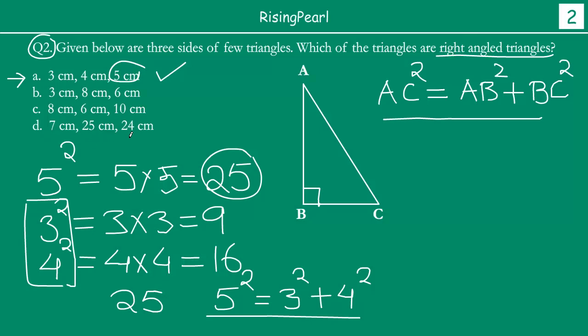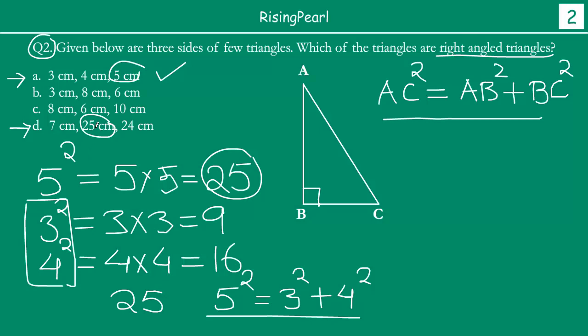So again, remember that AC, which is the hypotenuse, is the longest side. For example, if you were to take a look at question number D, here you are looking for the longest side, and that will be the hypotenuse.